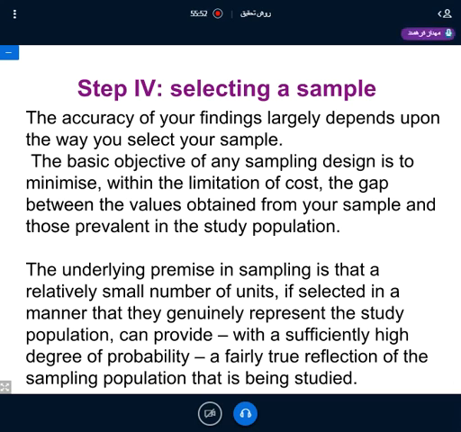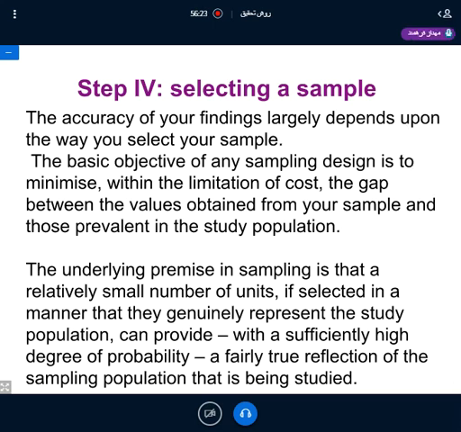So the manner of selection that represents the study population is very important for a true reflection.